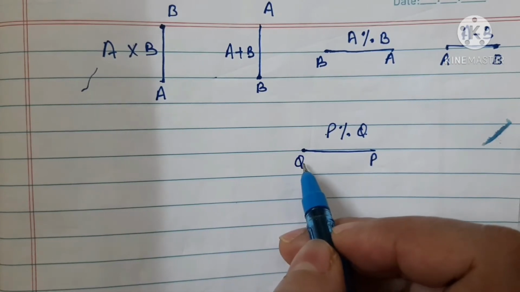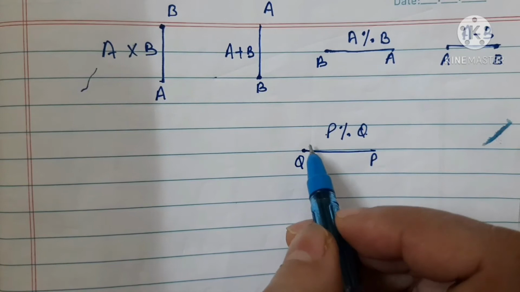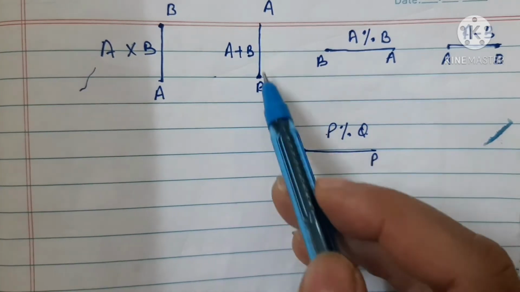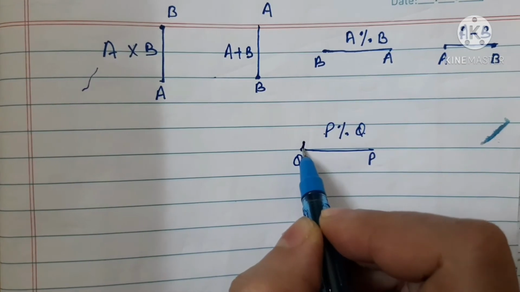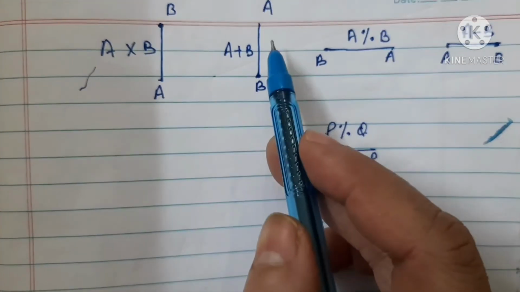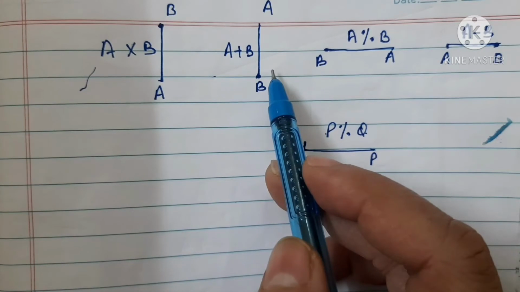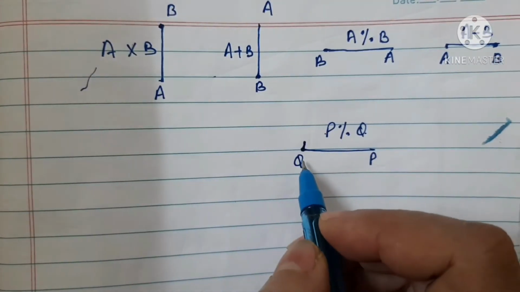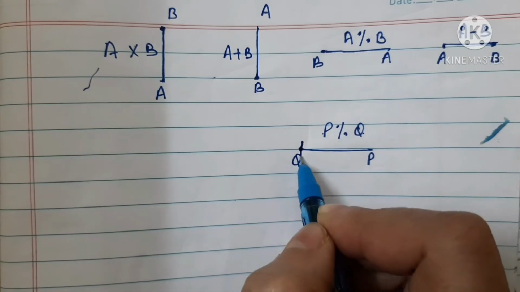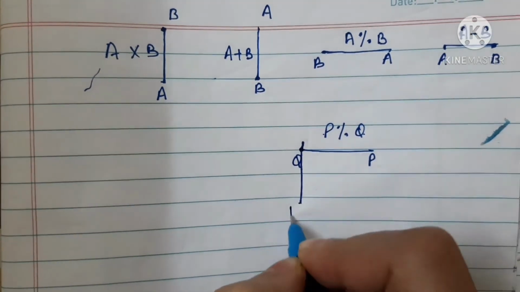Right? And after this, Q plus R. Q plus R you can see in this direction. Q plus R means that Q is to the north of R. So Q is to the north of R, so R will be here.